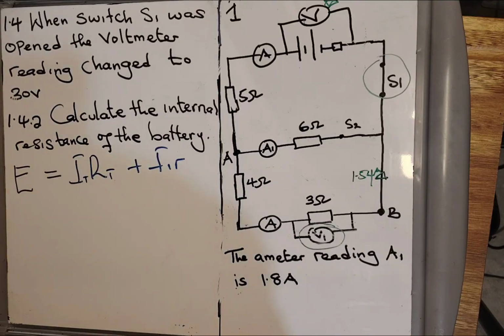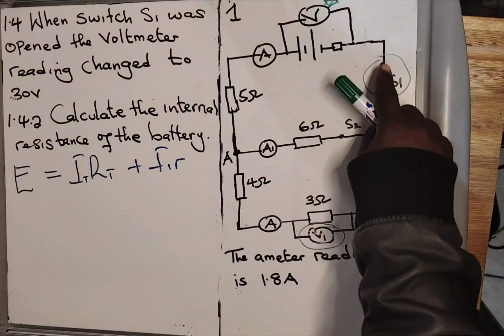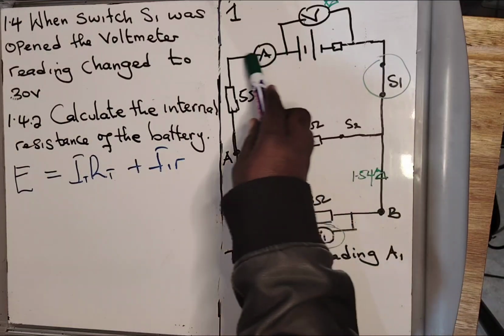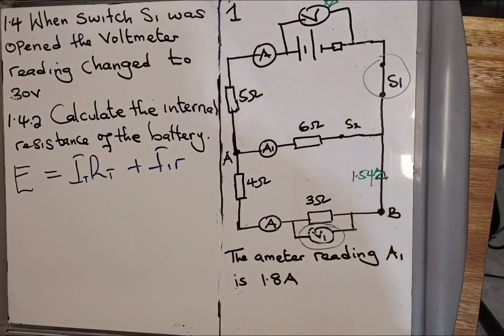When you have to remember something very important: with the opening of this switch, the voltage increased. The voltage registered when there is no current going through the battery is what we call EMF, electromotive force.